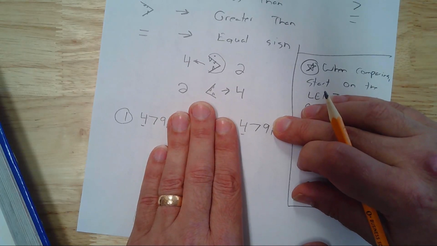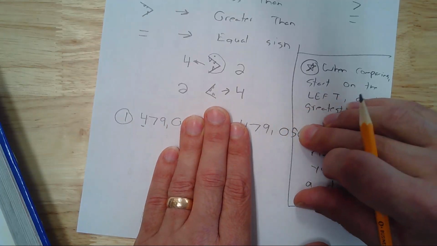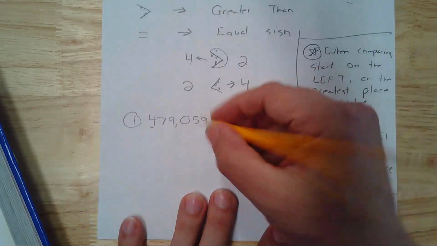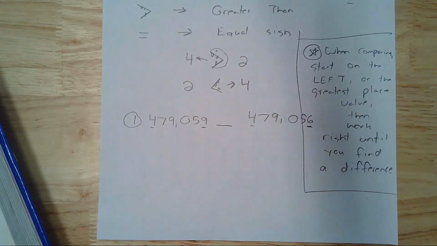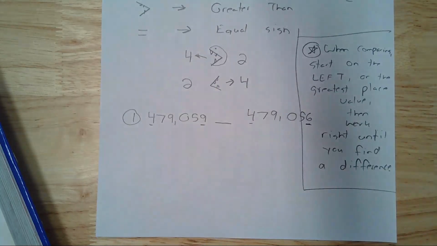We're still dead even. The hundreds column, the tens column, and finally the ones column. Oh, wait a second here. I think we got a difference here.